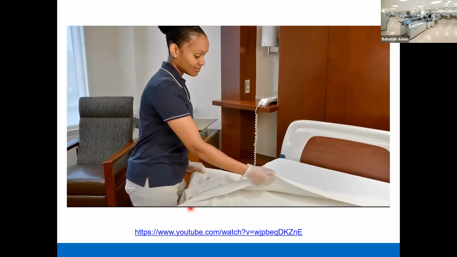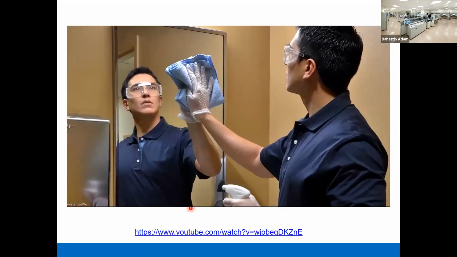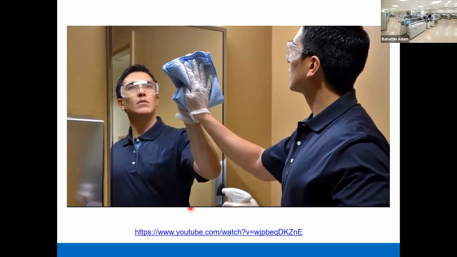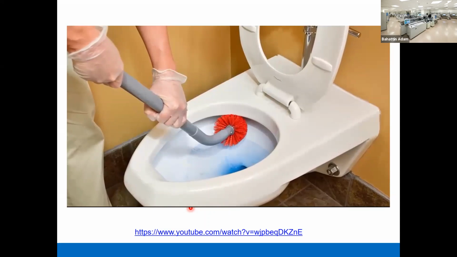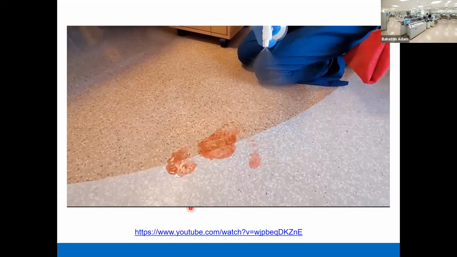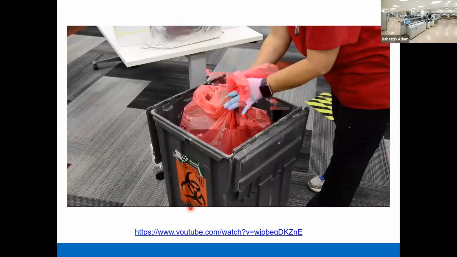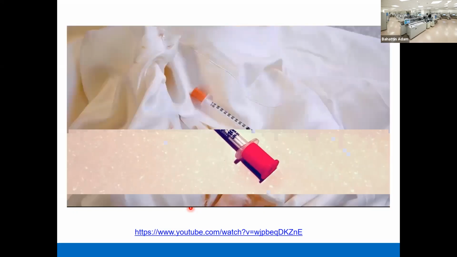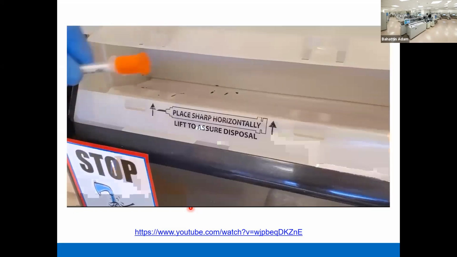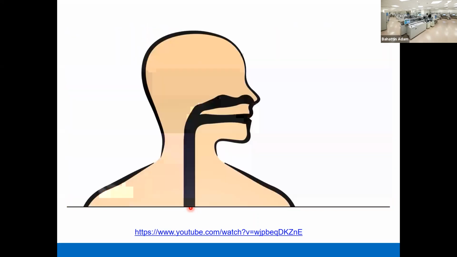OSHA originally developed the bloodborne standard for healthcare and hospital employees, but it has been expanded to include any occupation in which reasonably anticipated contact with blood or other potentially infectious materials may occur, including someone who may be responsible for the cleanup of blood or body fluids, or even those who remove trash or handle laundry. Within these settings, there may be potentially infectious materials, and how you take care of them can literally make the difference between life and death.